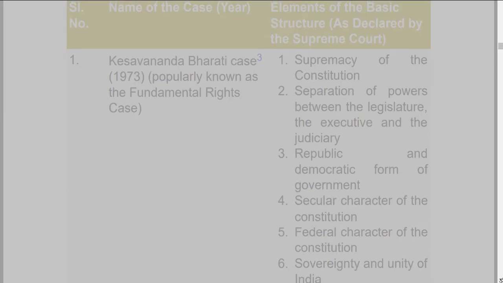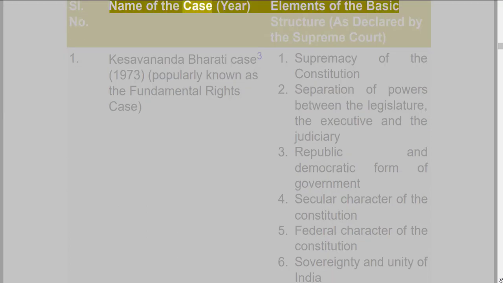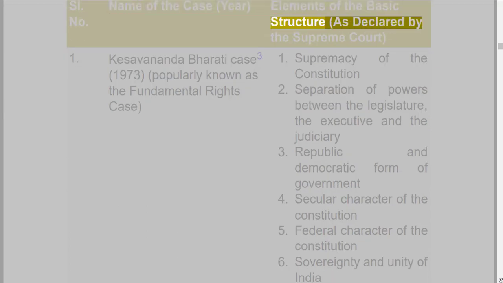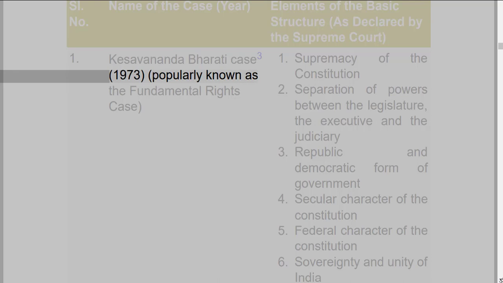Table 11.1: Evolution of the basic structure of the Constitution. Serial number, name of the case, year, and elements of the basic structure as declared by the Supreme Court. 1. Kesavananda Bharati Case, 1973, popularly known as the Fundamental Rights Case. 1. Supremacy of the Constitution. 2. Separation of powers between the legislature, the executive, and the judiciary. 3.